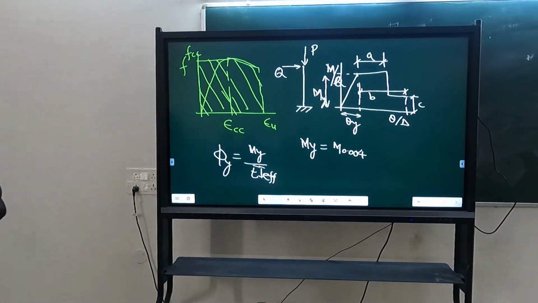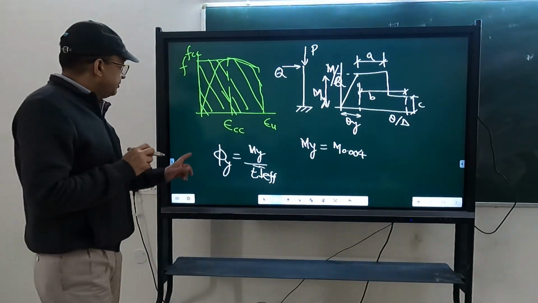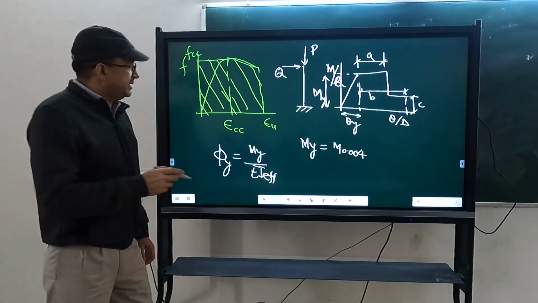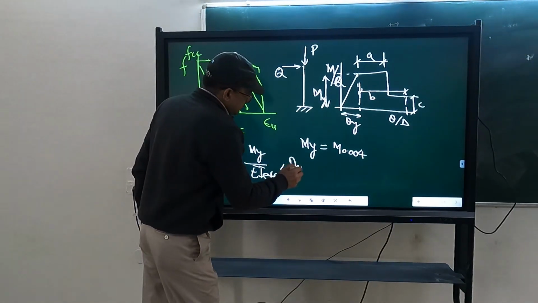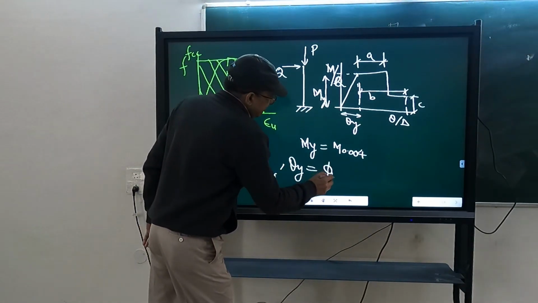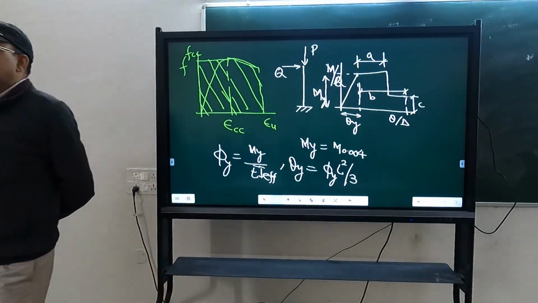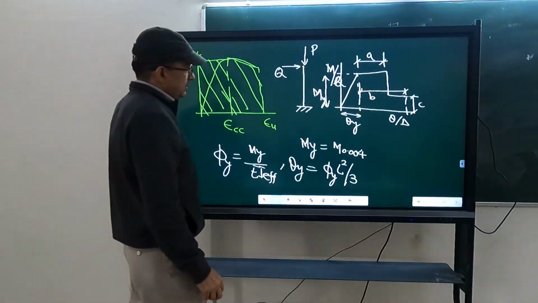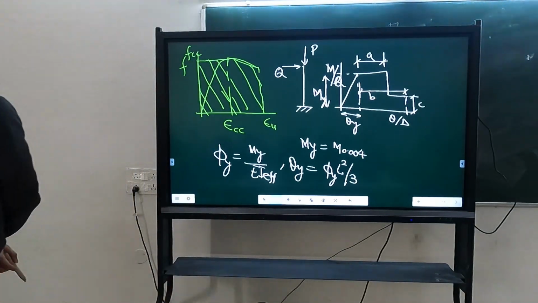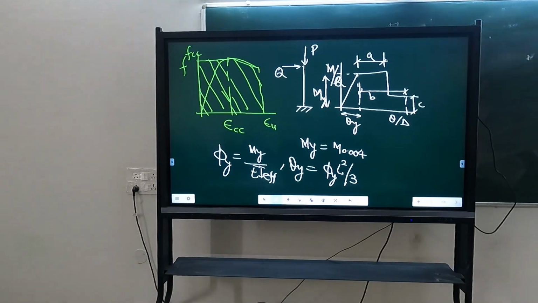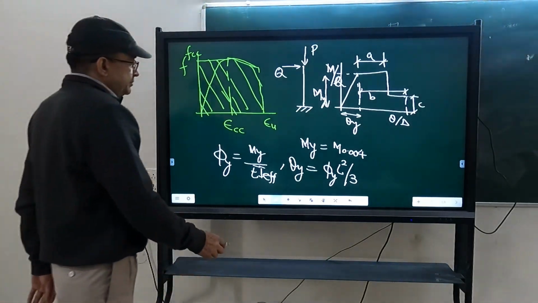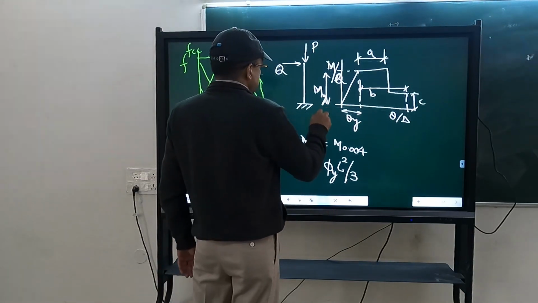I have shown you the table in ACI 41 yesterday. So you will get EI effective. This will give phi y. And then how much will be theta y? Phi y L square by 3. Other than this, you can use the first CV point to get this.